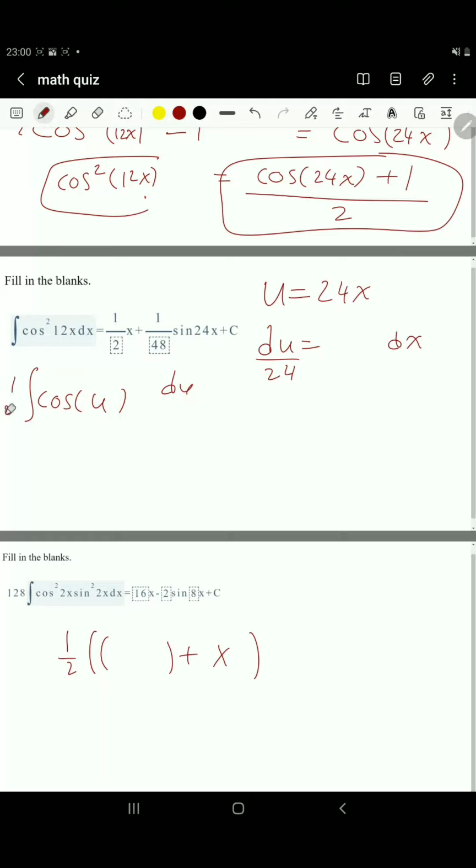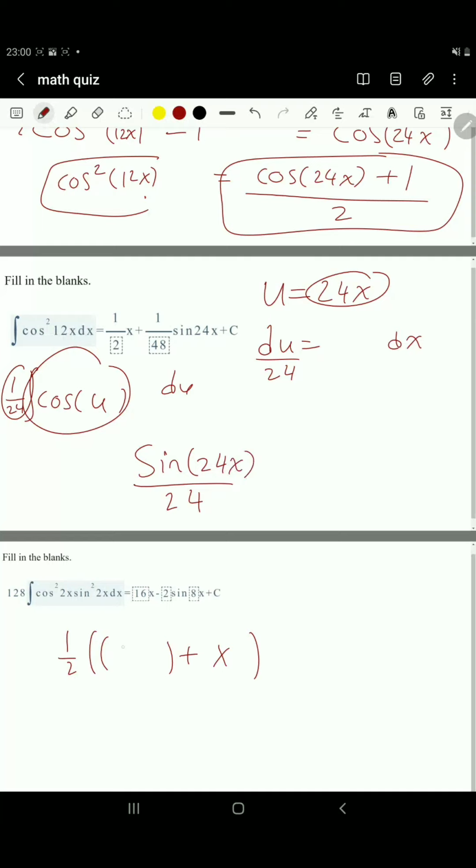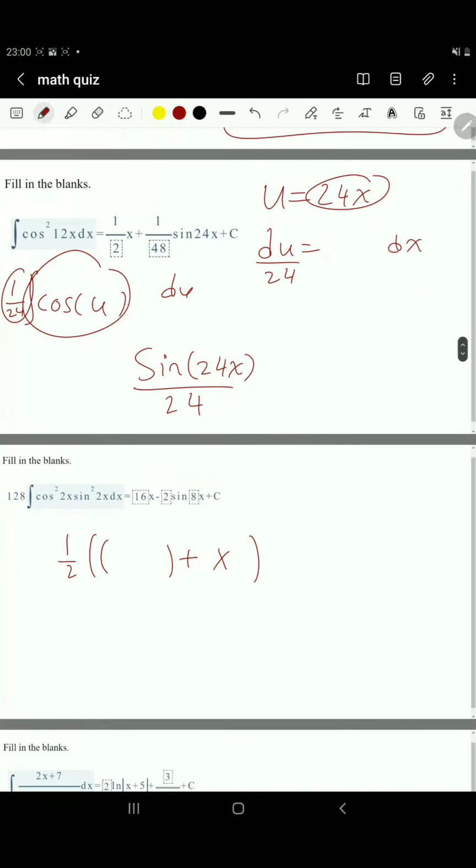So that's 1 over 24. The integral of cosine is sine. So sine u. And you have 1 over 24. But what is u? U is 24x. So that is just sine 24x over 24.